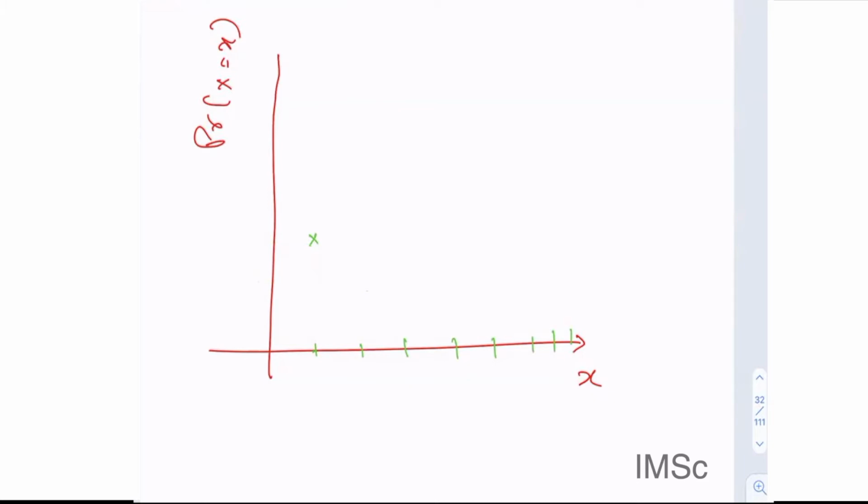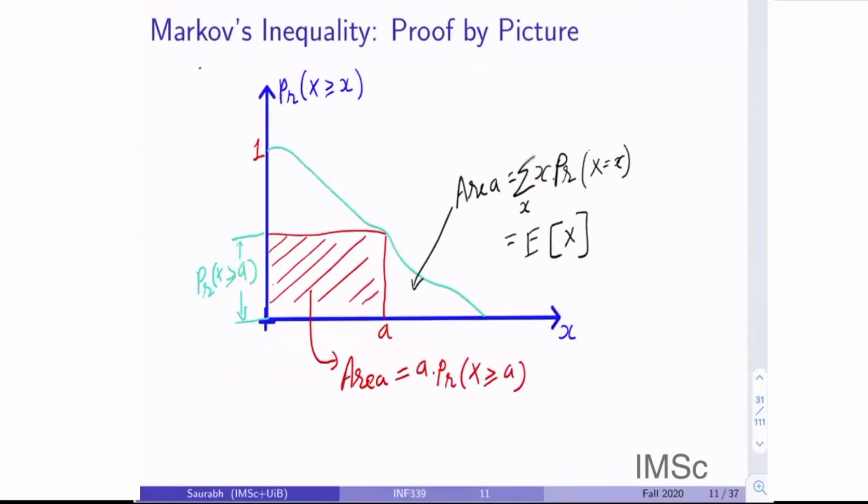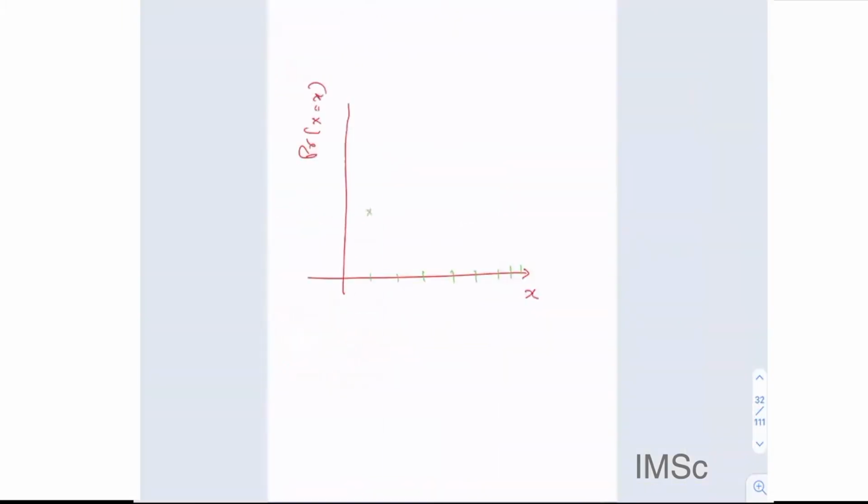What is the probability that x is greater than or equal to 0? It is 1, so it will take some value here, which is 1.